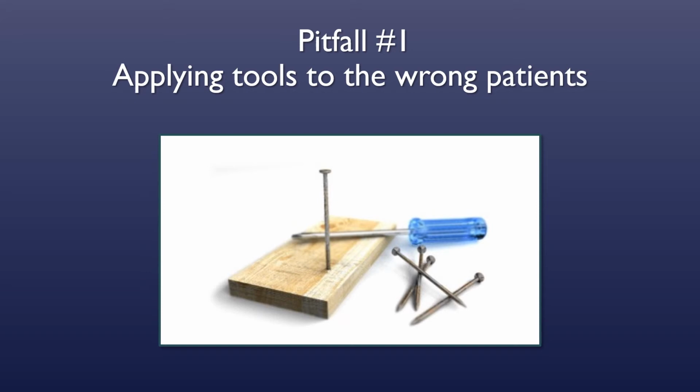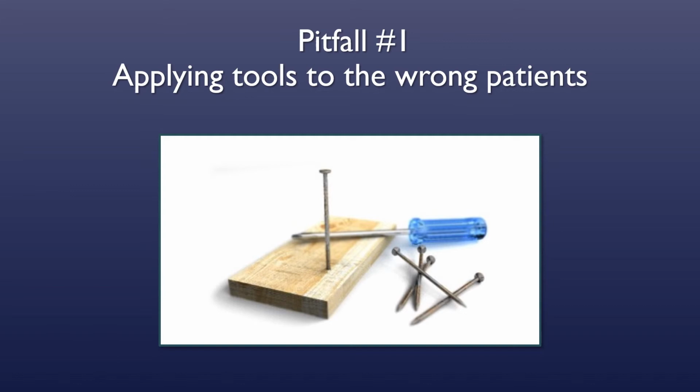As an example, the Nexus C-spine criteria were developed for awake patients with blunt trauma complaining of neck pain. So you can't apply Nexus to patients complaining of atraumatic neck pain, or patients that didn't sustain blunt trauma. Or as another example, the PERC criteria. This tool was developed for chest pain patients with a low risk of PE.